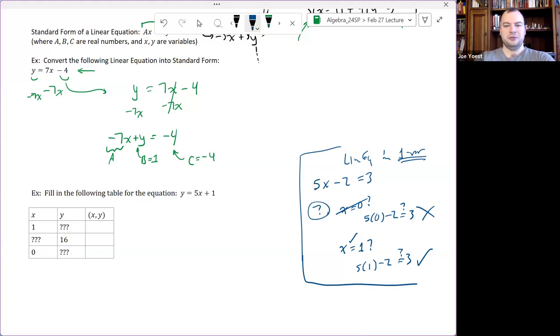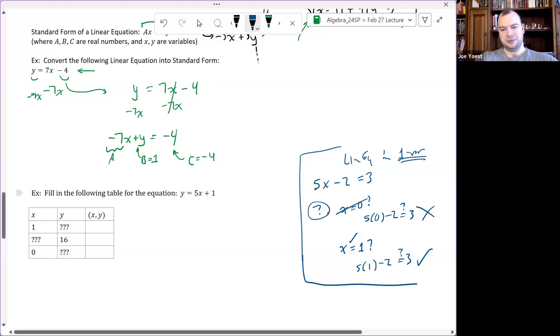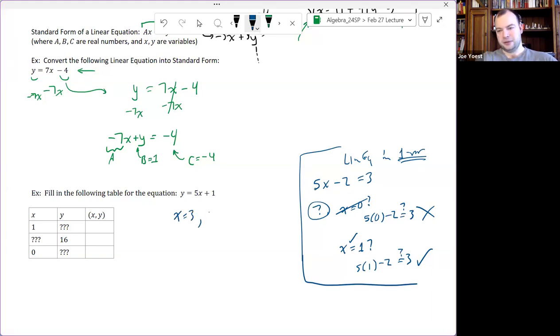What does it mean for something to be a solution to a linear equation in 2 variables? It means I make a choice for x. I make a choice for y. Is it true that when I plug in 3 for x and 10 for y, I get a correct equation?